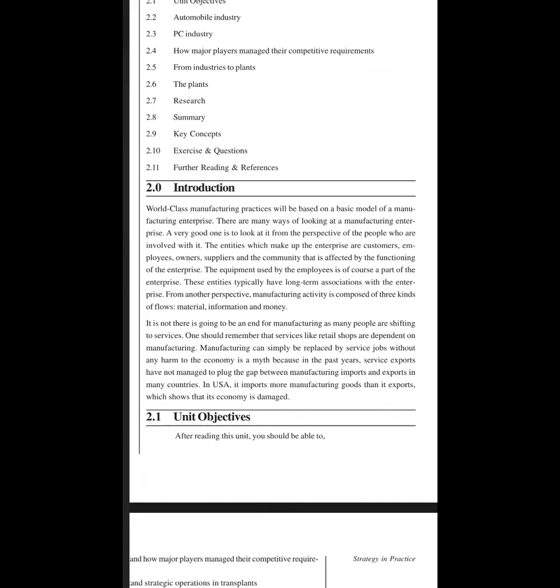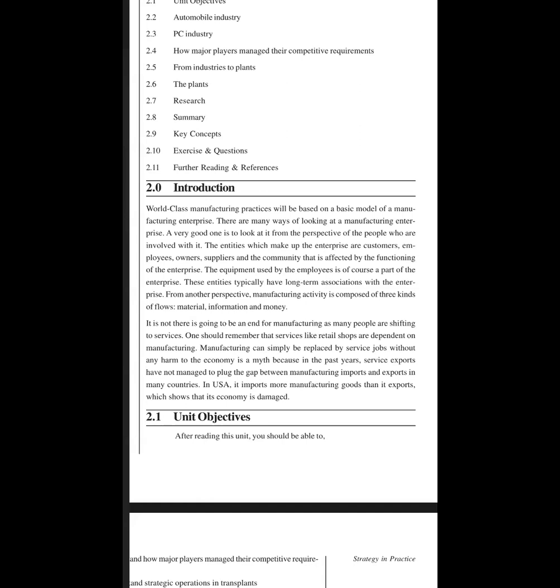Now see, if you are working in an organization, definitely you are utilizing the equipment of the organization, right? So the manufacturing unit should know what quality of product they should keep in the organization, because employees are going to utilize that product. If the product is good, definitely you will get a good result in return.